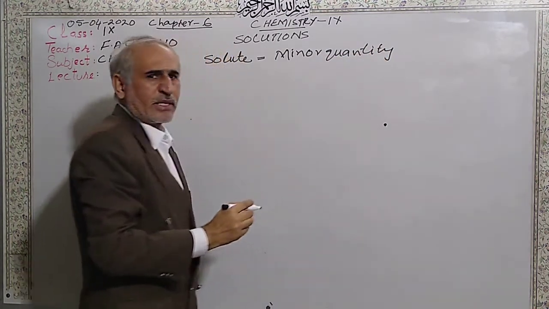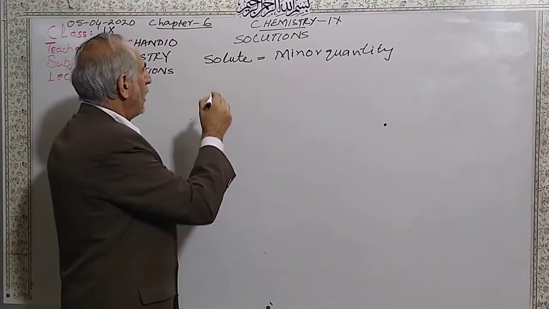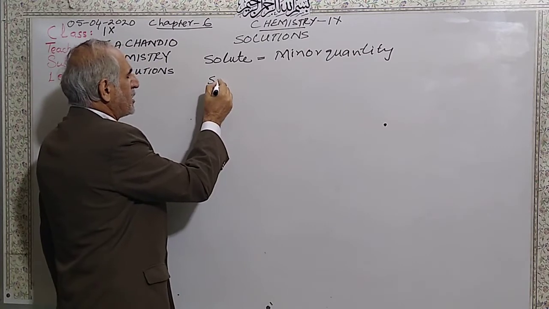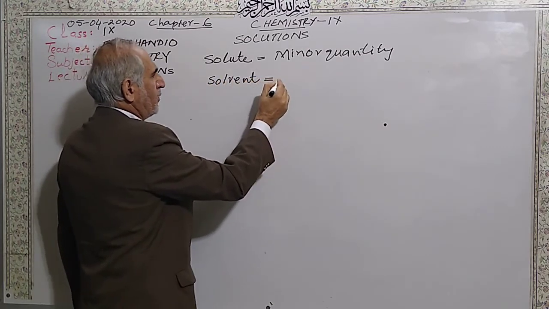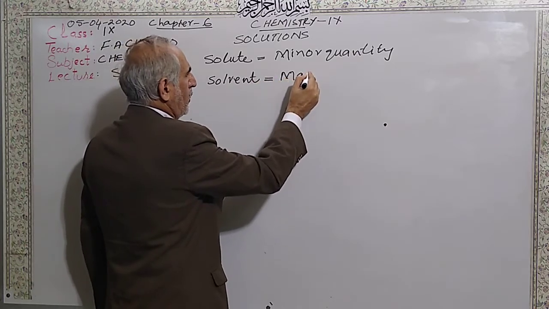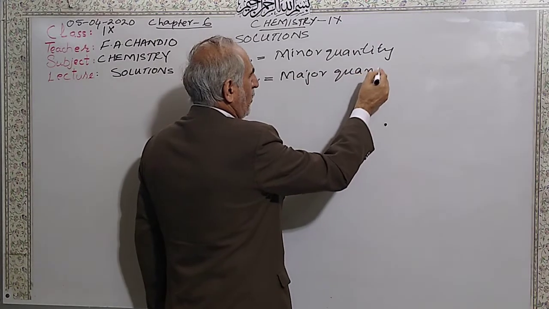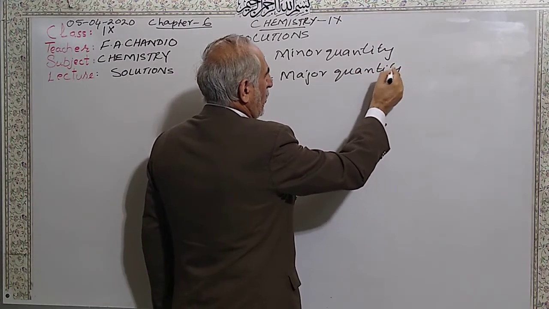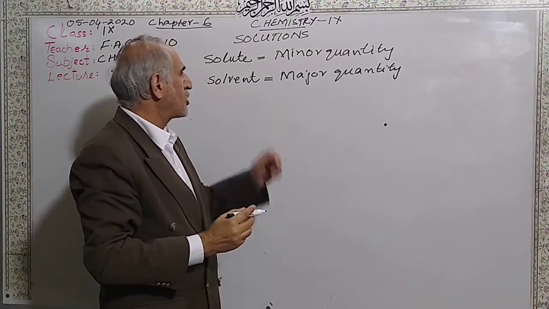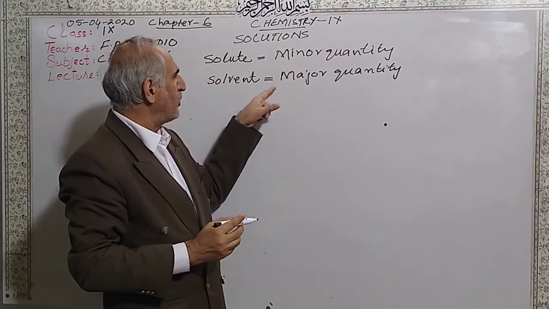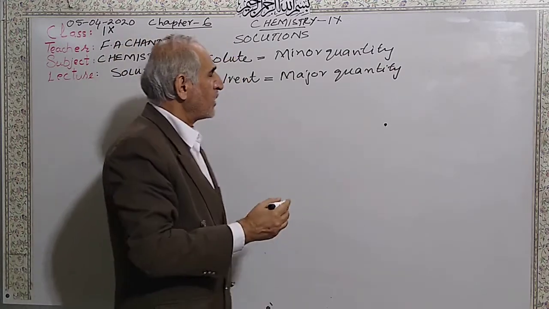Minor quantity present in a solution is called solute, and the other one is solvent. Major quantity present in a solution is called solvent. So when the solute mixes with the solvent, you will get a solution.